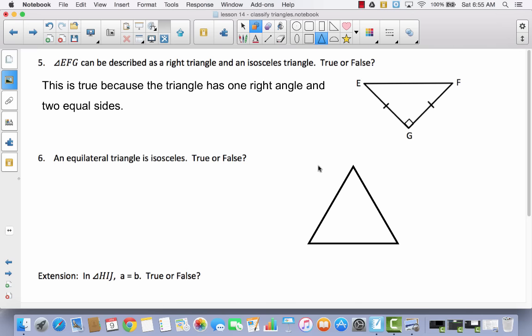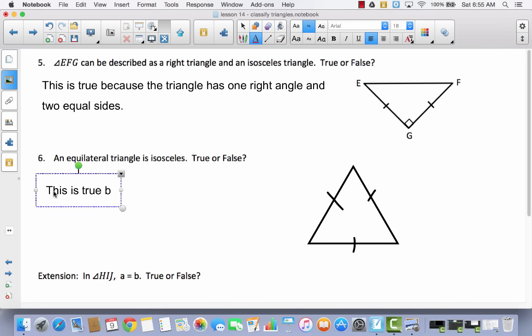So let's look at this for a second. So we have a triangle here, and this side and this side and this side are all equal. So it's equilateral, but it also has 2 equal sides. So can it be equilateral and isosceles at the same time? It can. So is an equilateral triangle isosceles? Is that true or false?